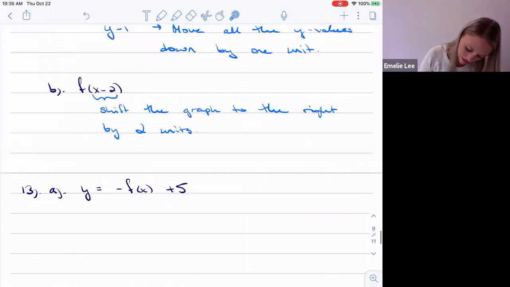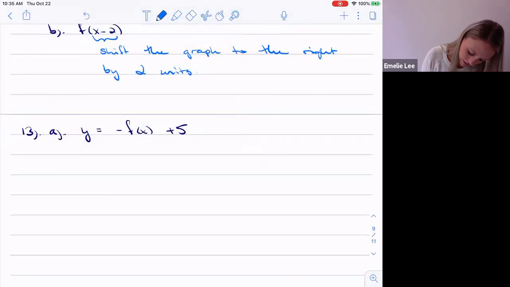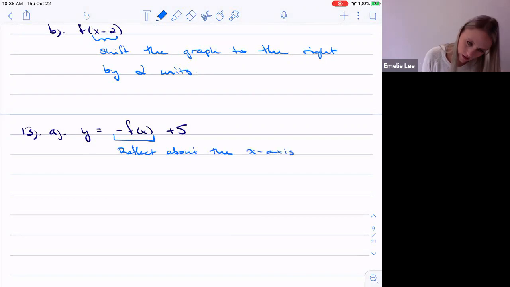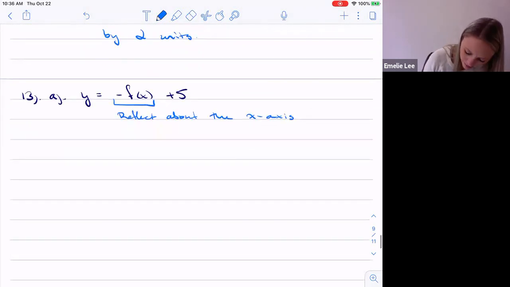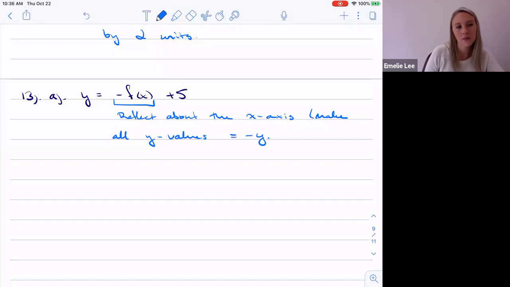So this says first reflect about the x-axis, or we can think about it as making all y values equal to negative y. If it's positive, it becomes negative y. If it's negative y, then negative y is just y. That's how we reflect around the x-axis.